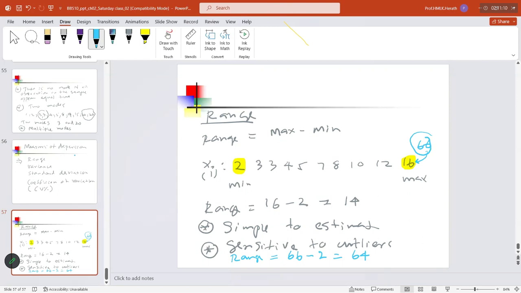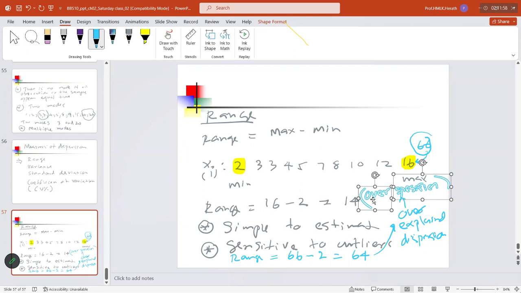So the range over-specifies the dispersion. That issue is there.